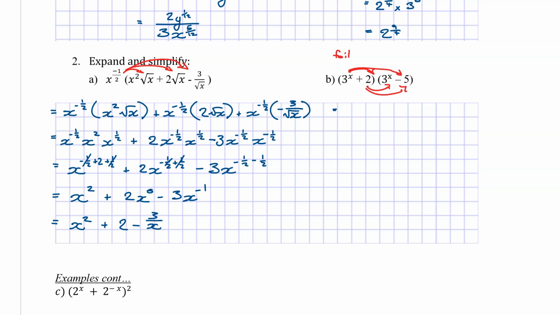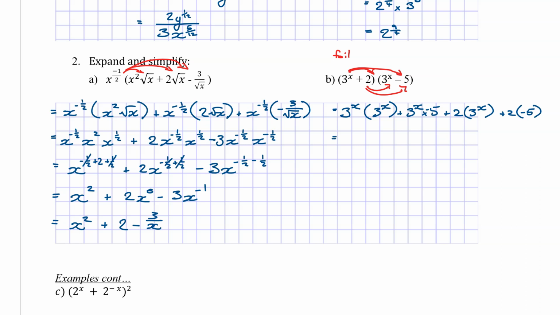So we're going to go 3 to the x, 3 to the x, plus 3 to the x times 5, and it's a negative 5, plus 2, 3 to the x, plus 2, negative 5, like so.